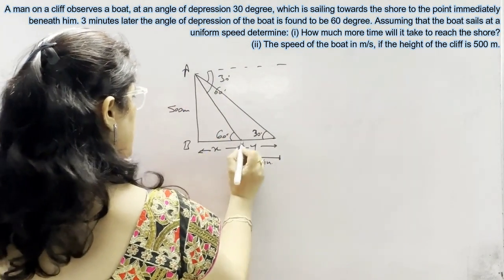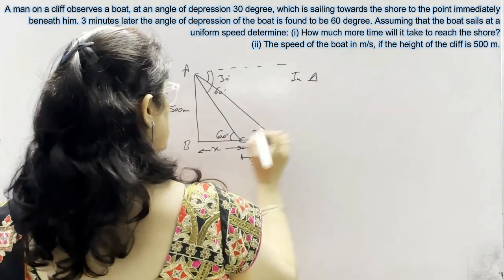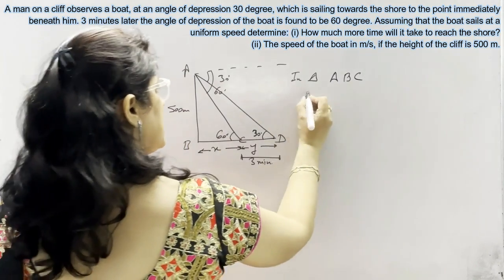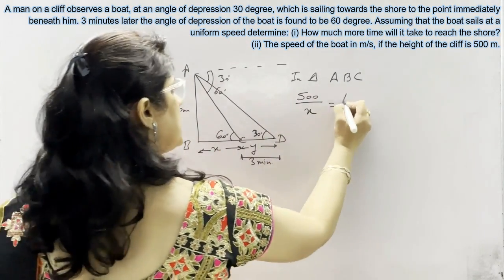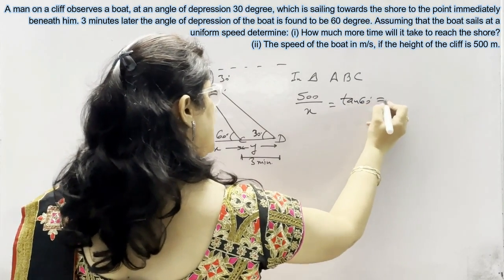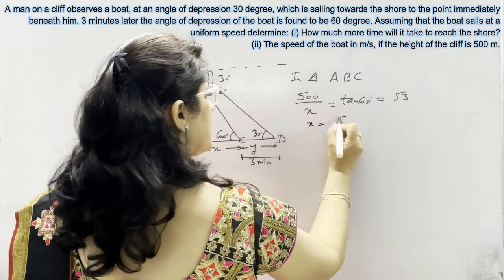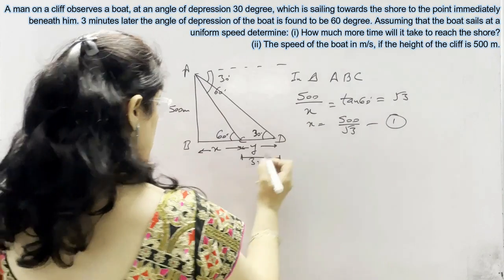A, B, C and D, inner triangle ABC, height is given as 500, P upon B is x, P upon B is tan 60, which is under root 3. So value of x is equal to 500 upon under root 3. This is the first equation.